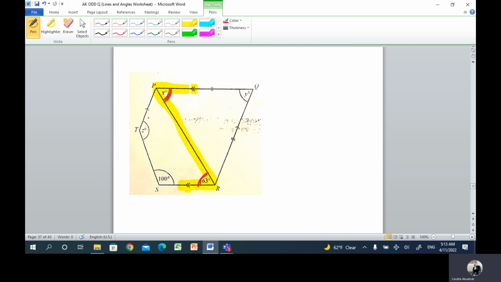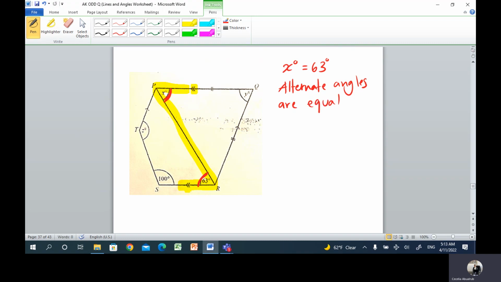So they are Z angles. So we're going to start with X is equal to 63 degrees. And the reason is alternate angles are equal.